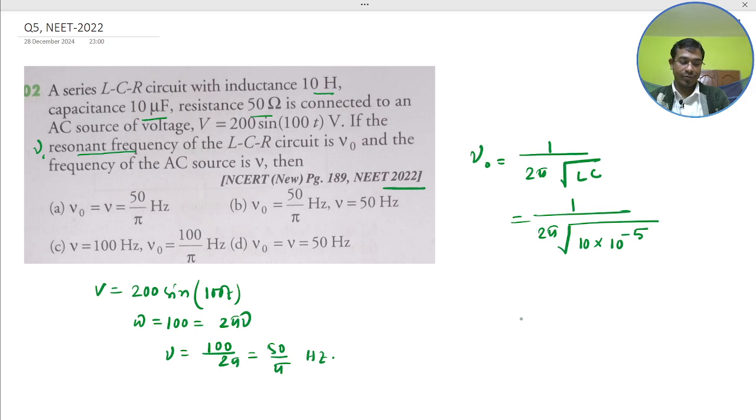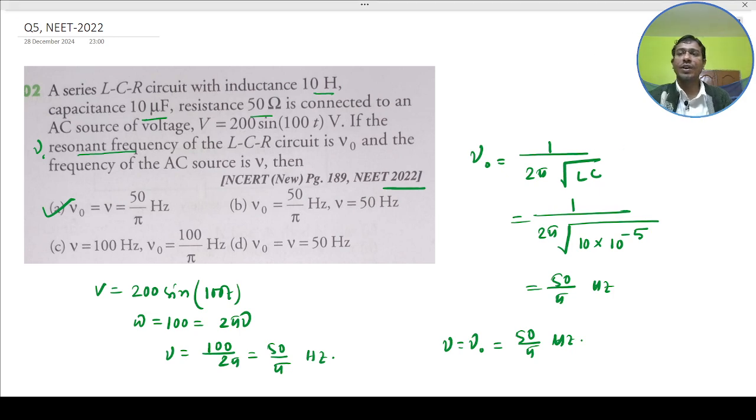Put this value, so it would become 50 by pi hertz. So nu equal to nu naught equal to 50 by pi hertz. So I think A would be our correct answer.